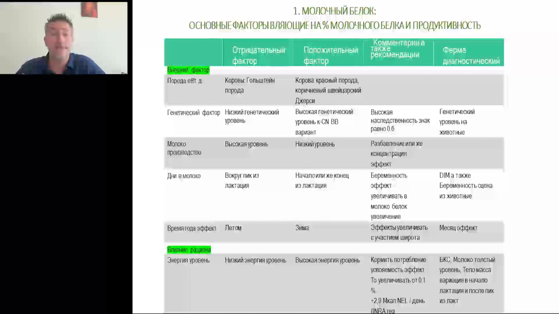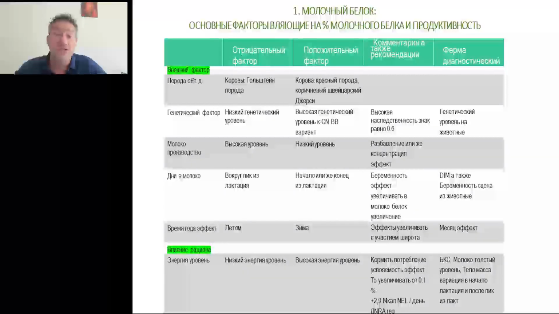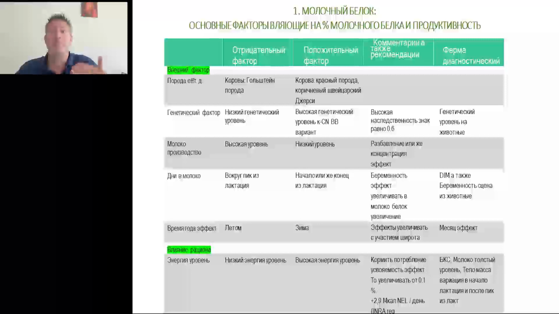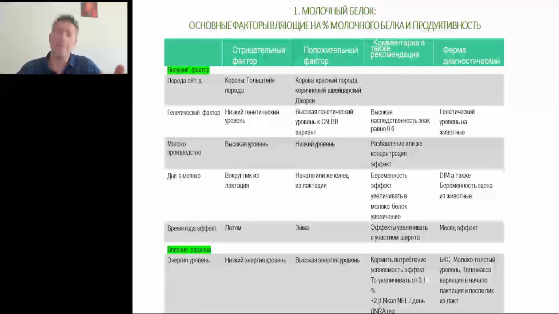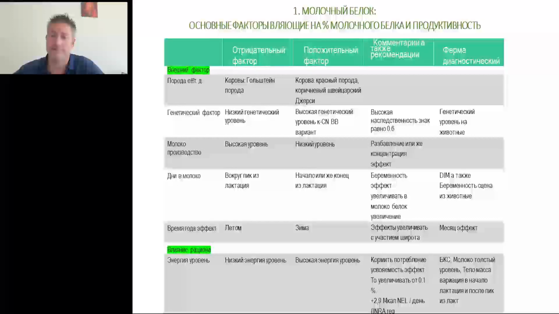Genetically, these breeds have a higher percentage of milk protein in the milk. Genetic factor: low genetic level means that I am expecting to have a lower level of milk protein.